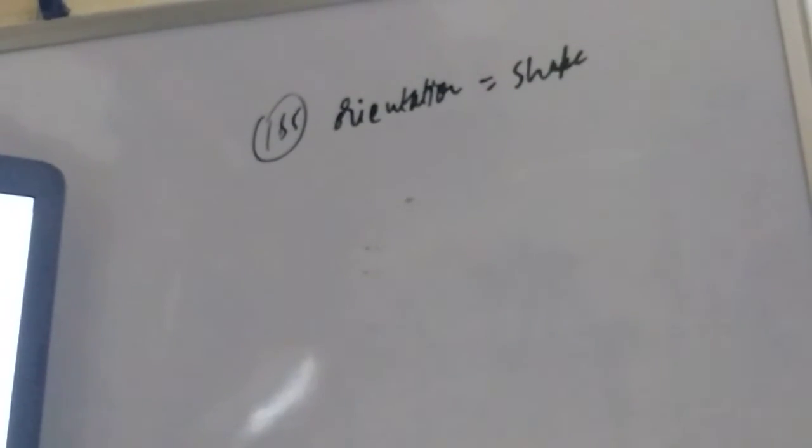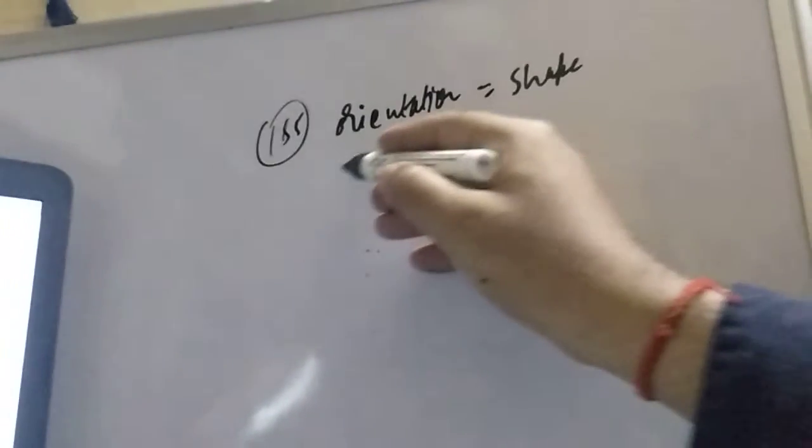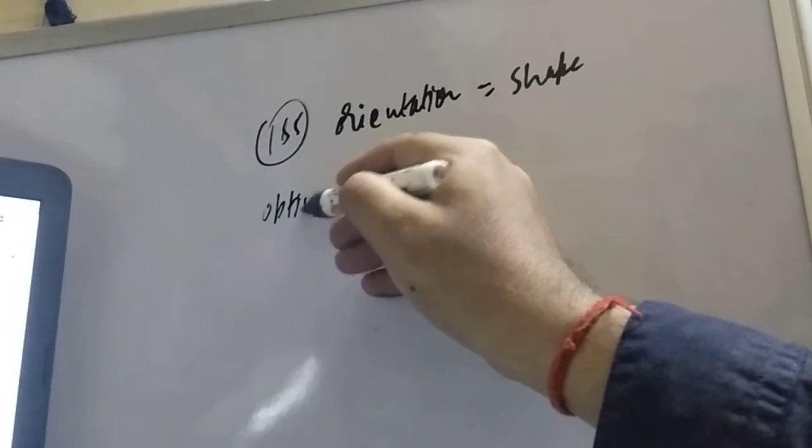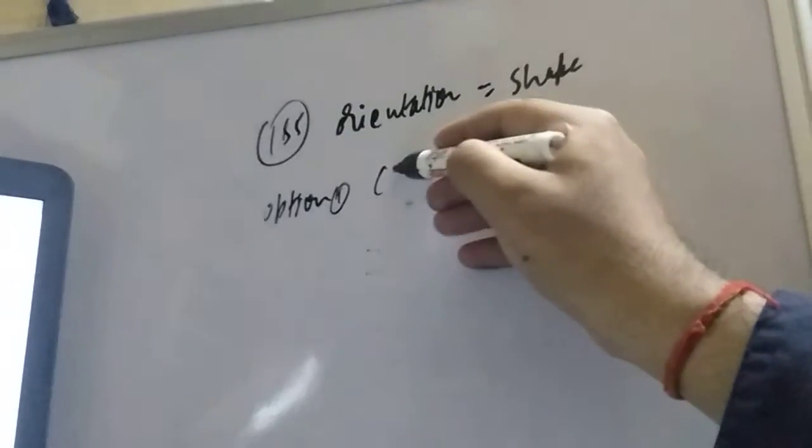So let us move on to the board, students. If we talk about the orientation, this is option number 1. I am selecting option number 1: ClO4 minus.